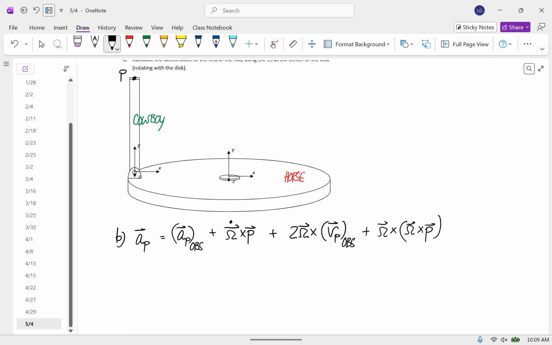Okay, we have 1, 2, 3, 4, 5 things to collect always.